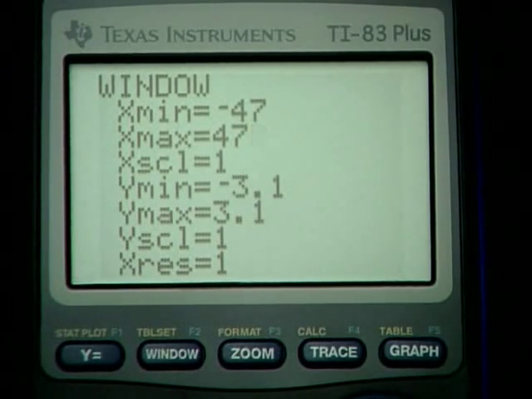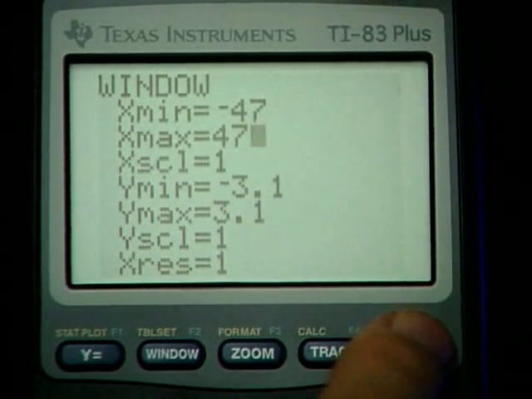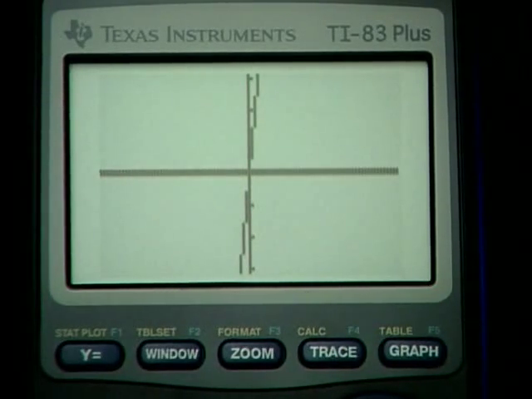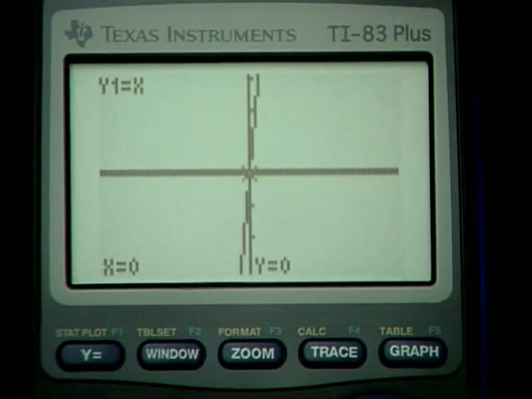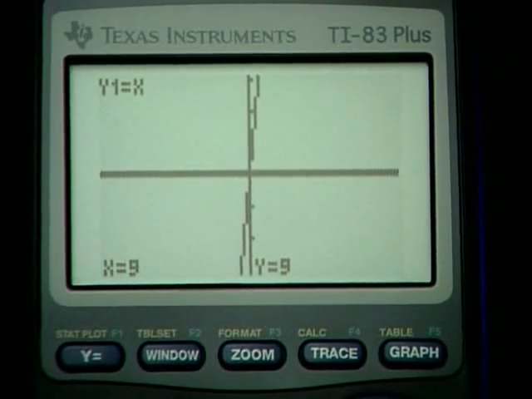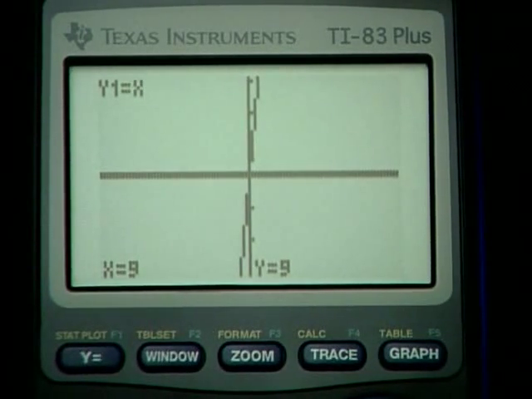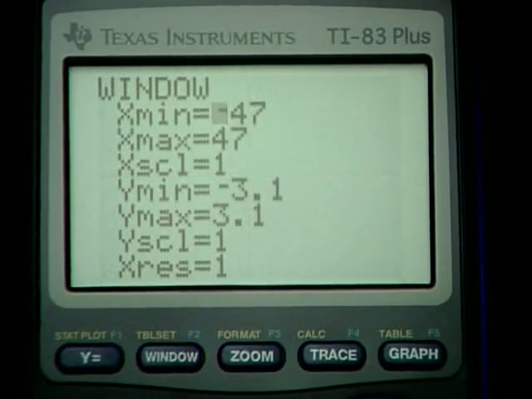All right, now I'm not going to change my y distance here, so the graph is going to look pretty skewed, but the graph then looks like this, and on trace, notice what happens. I have integer values for x and y. Now, it's the x that I'm more concerned with here, though for a different graph, the y value might be some kind of decimal value. But it's the x that is an integer because we made those particular window settings.